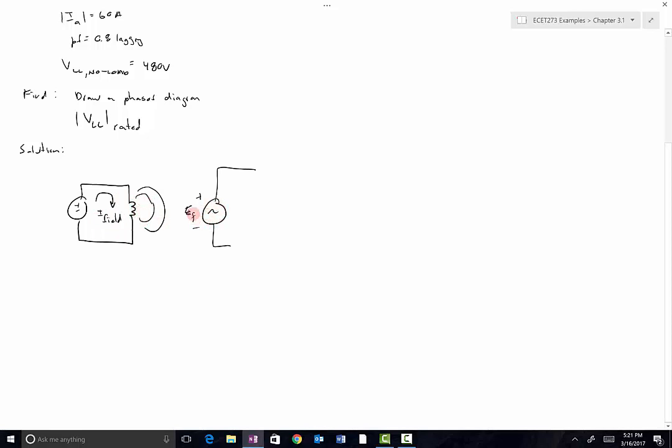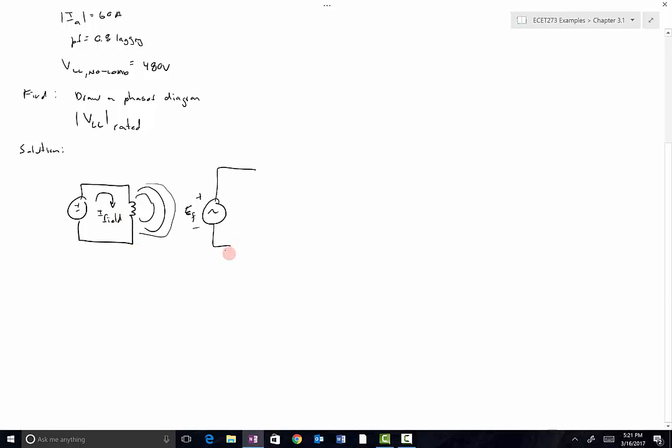So that's not a good way to control the size of EF. A better way is to just change this field current, increase the size of this magnetic field, and get bigger EFs. So that's the mechanism by which the magnitude of EF is typically controlled, with adjustments made to the field current in the rotor circuit. So that's the effect there.